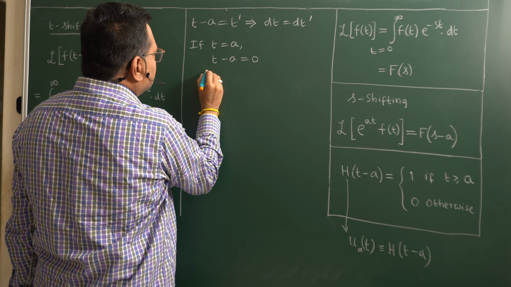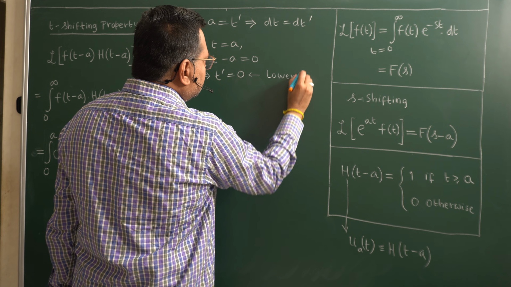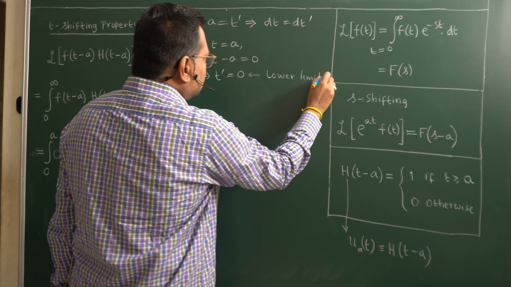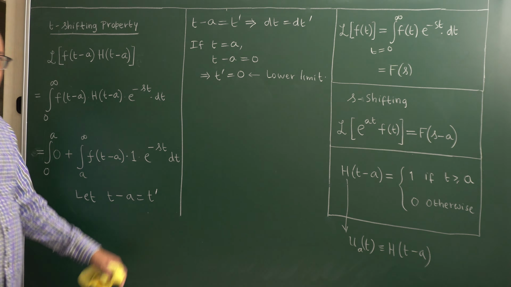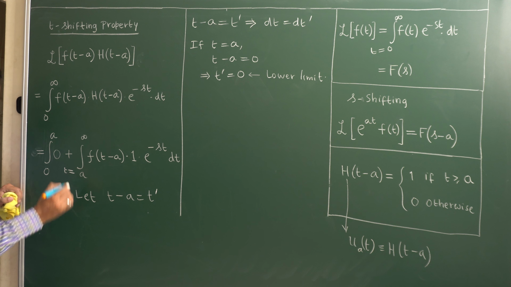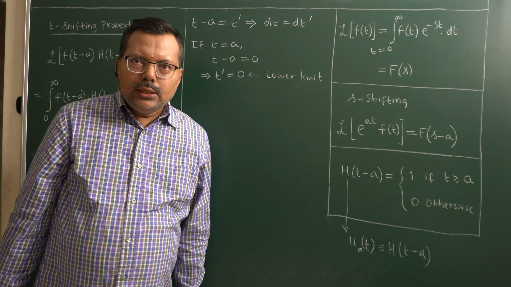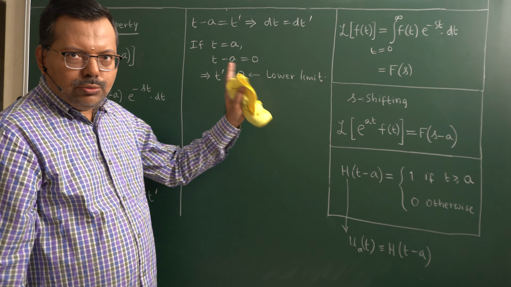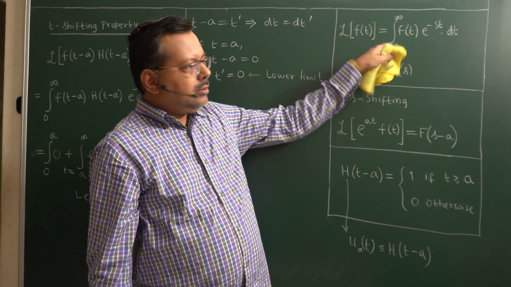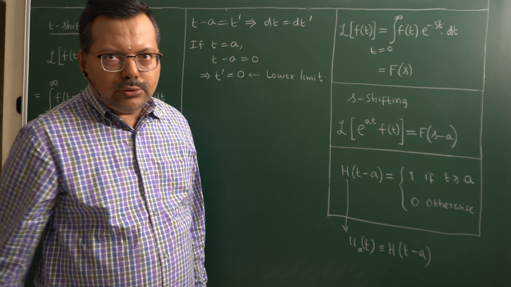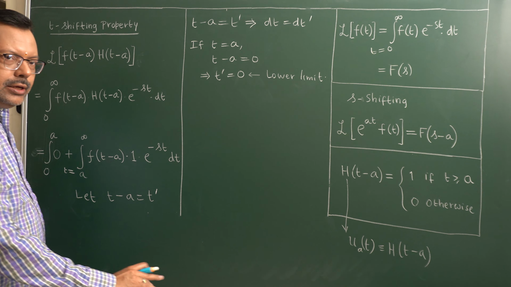The t equal to a is your lower limit here. So because of that, t prime equals 0. Now the lower limit has been brought down to 0, so we are looking again at something very similar to the original Laplace transform. That is the idea of doing that.